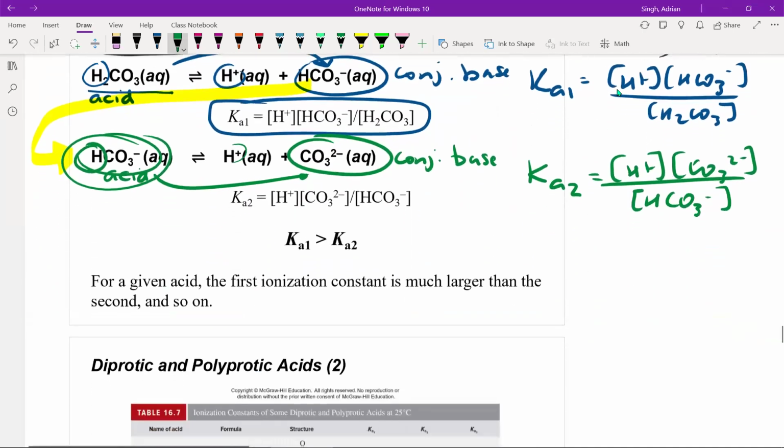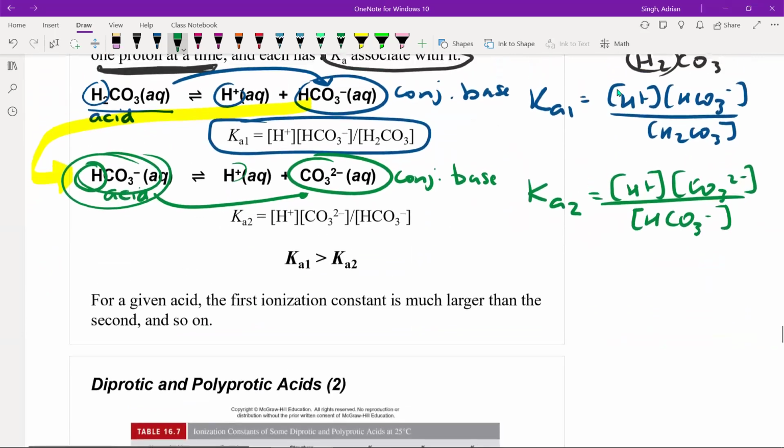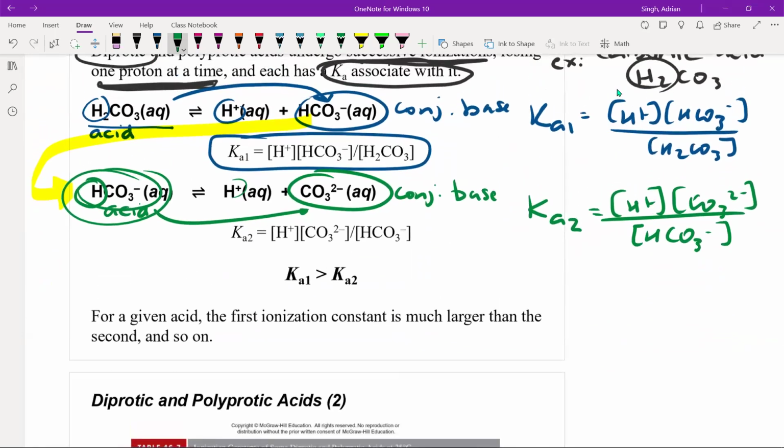Generally, what we're going to see is that the Ka value for the first ionizable proton tends to be a lot greater than that for the second. So it's much larger for the first. And if you had a third and a fourth, the second would be much greater than the third, and the third would be much greater than the fourth, etc. So this should probably be 2 of these arrows here, as opposed to just 1, because it's much greater.